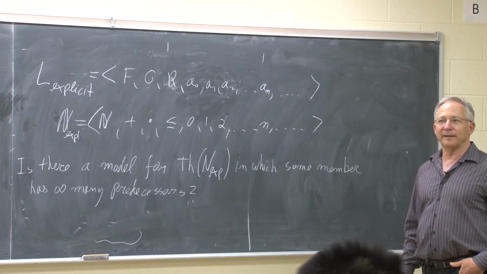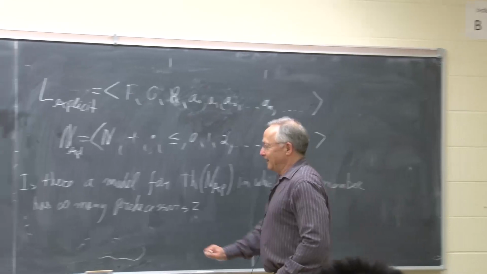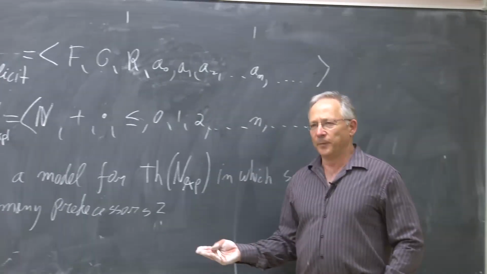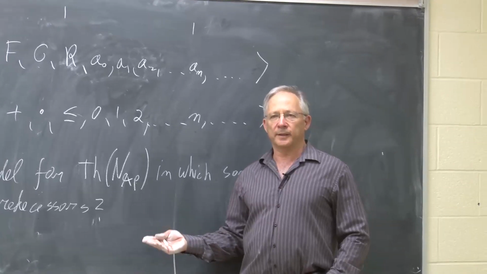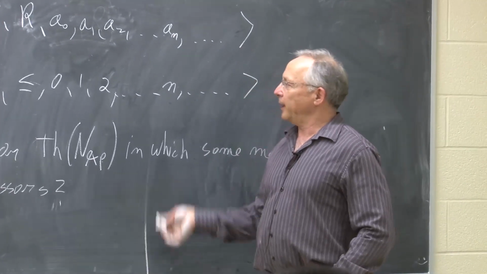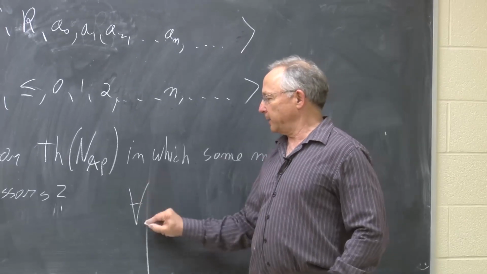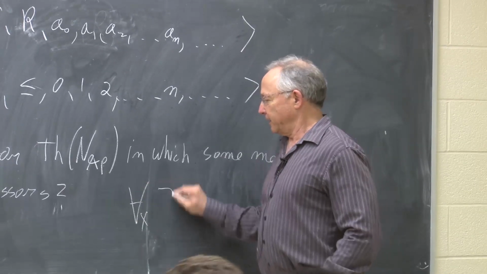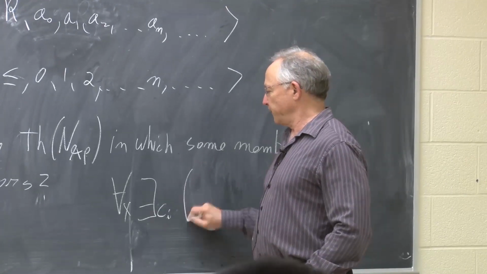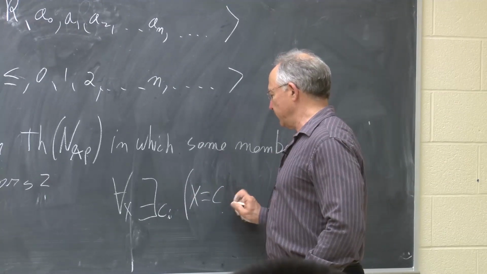The answer is yes, and the trick is that what I cannot say in my language is "every x". I would like to say, for every x, there exists ci such that x equals ci.